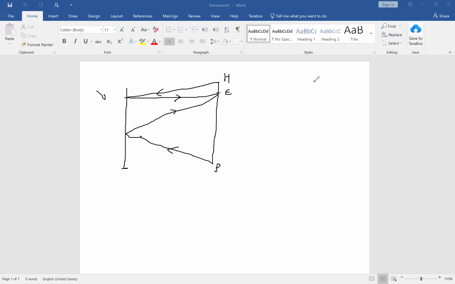Suppose we made a screen here. Here is the screen. So from this point we make a normal.